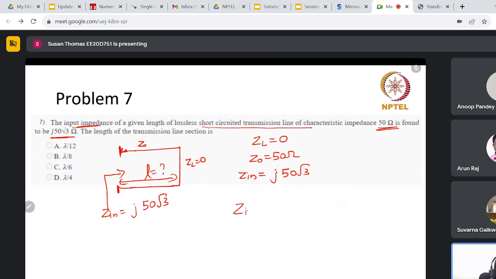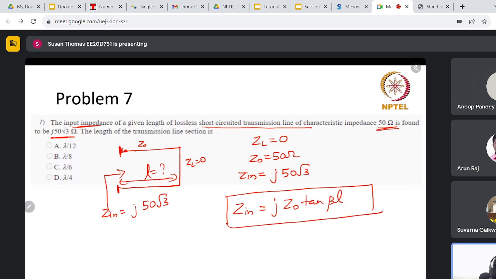For this, you need to have the understanding of a short circuited transmission line, for which the expression for input impedance is derived as j Z naught tan beta L. So once you know this, it is easy.